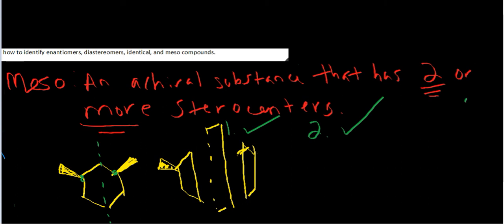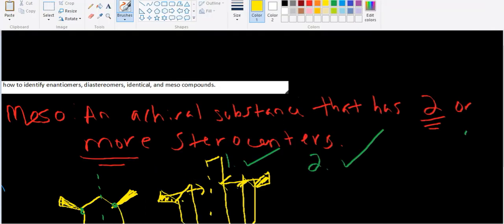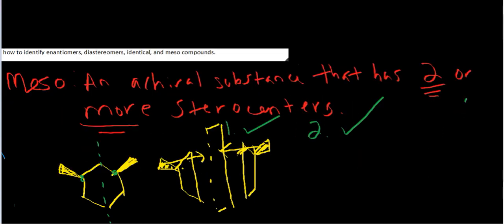Imagine this is facing the mirror and this is the image coming out. This one is coming out at us and this one is coming out the other way. So yes, they are mirror images. For our third question, we can check it off. So this compound is meso.